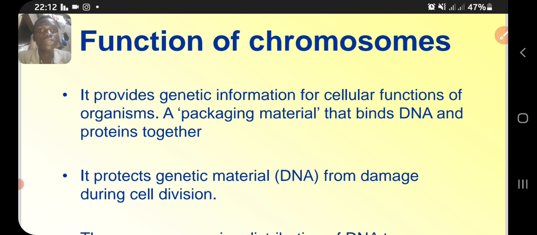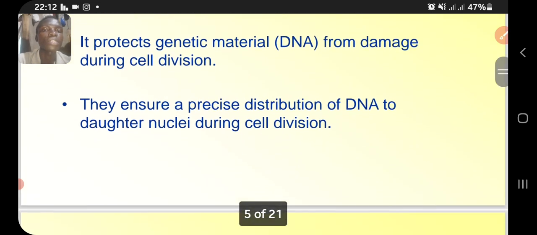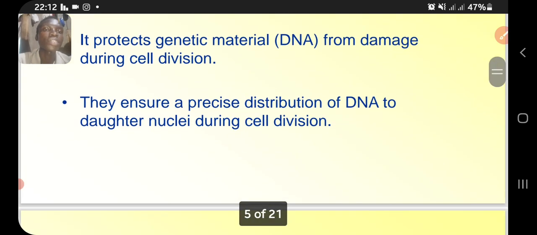So it is very important to understand that they provide genetic information for cellular processes to take place. This information is obtained from the chromosome. They protect the genetic material, the DNA, from damage during cell division, and they ensure the precise distribution of DNA to the daughter nuclei during cell division.